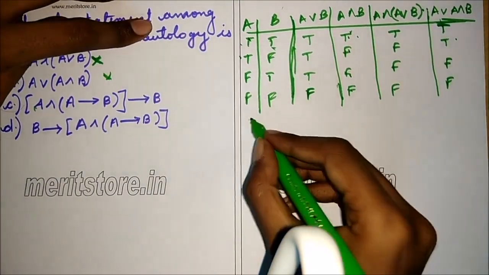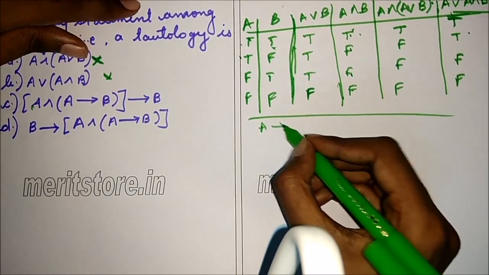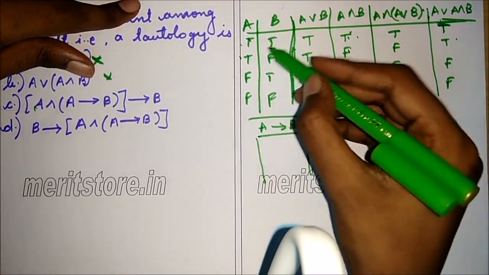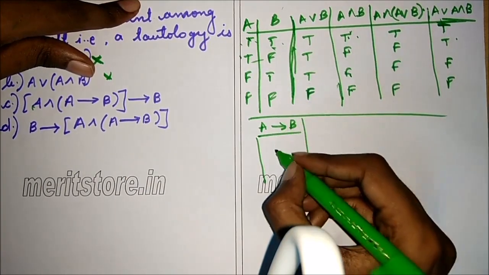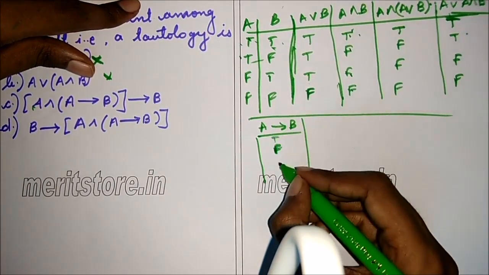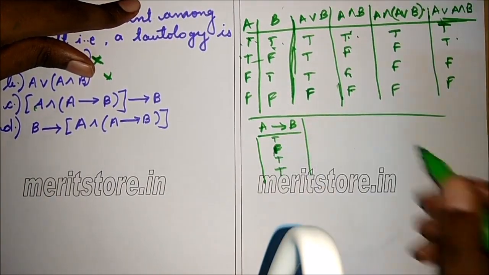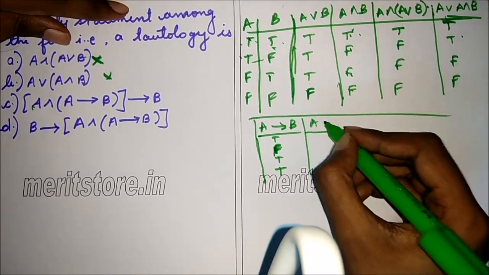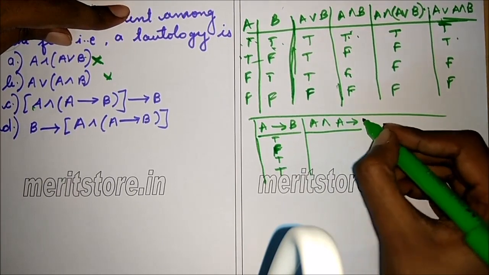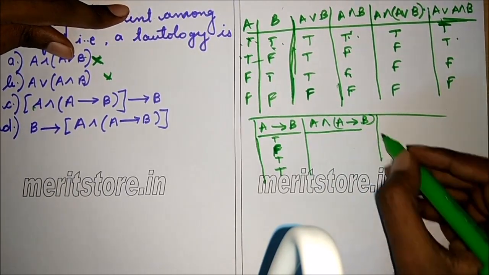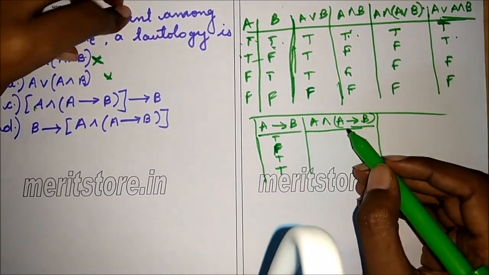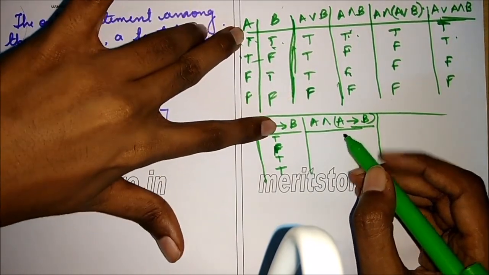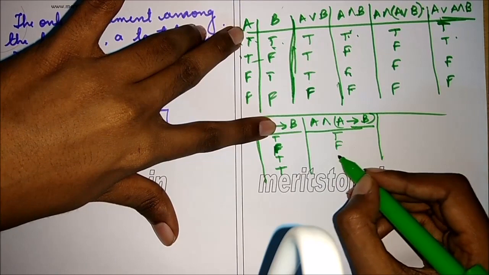Now A implies B. A implies B is TF is F, else it is true. A and A implies B: T and T is T, else it is false.